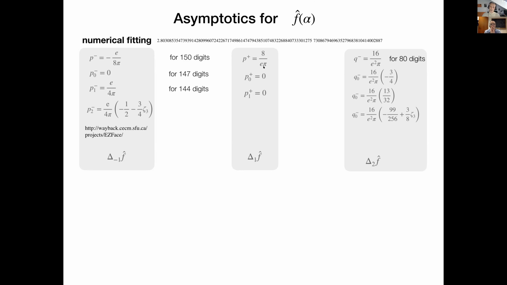And this was the odd part of this series, the asymptotics. You can focus on the even part, and you will see that only the first one is non-zero. All the other ones are easy to fit. You can see for decreasing but many digits that they are 0.